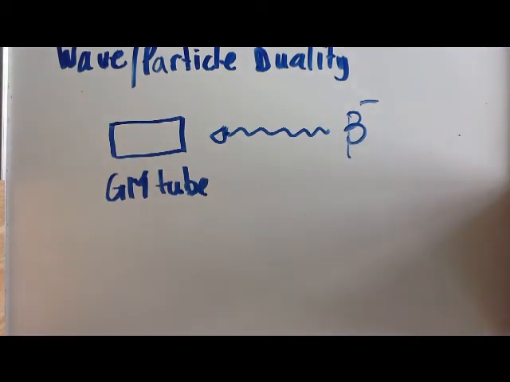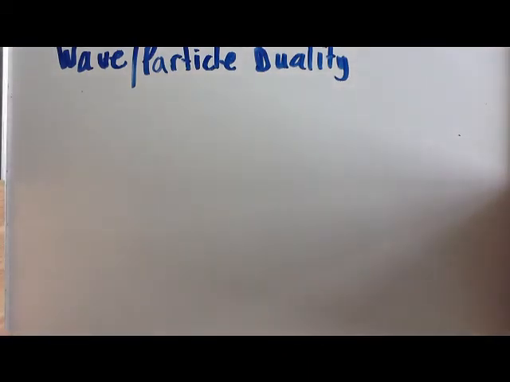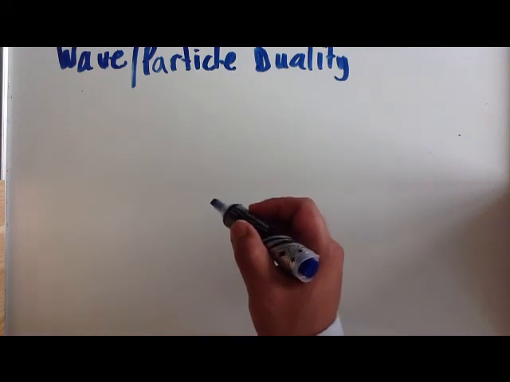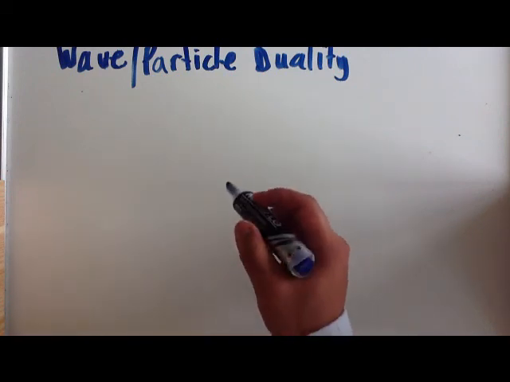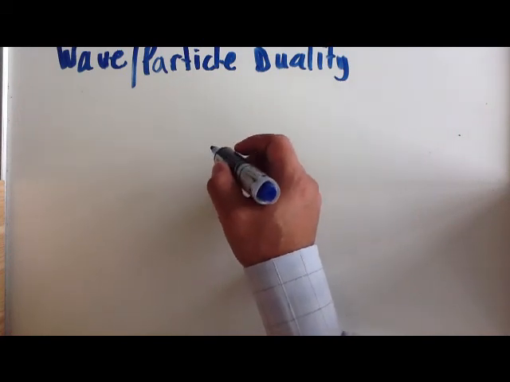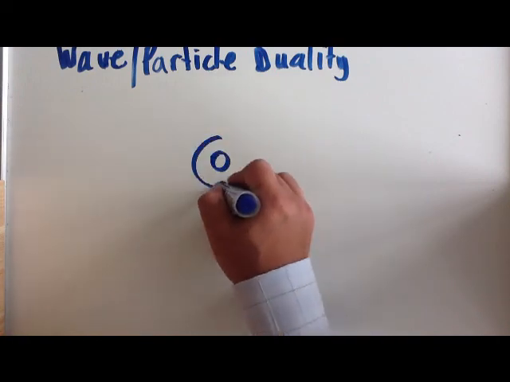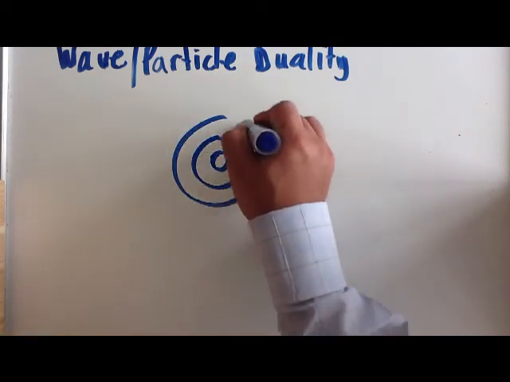If we think about electrons then as a wave, what is the evidence that electrons have a wave nature? If we have electrons being diffracted by a crystal, what we observe is a regular pattern of circles.